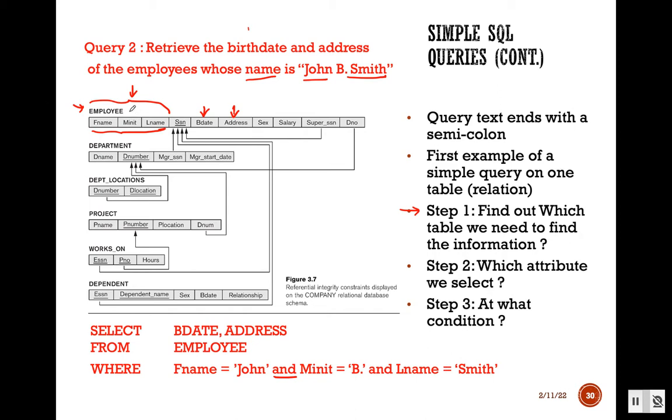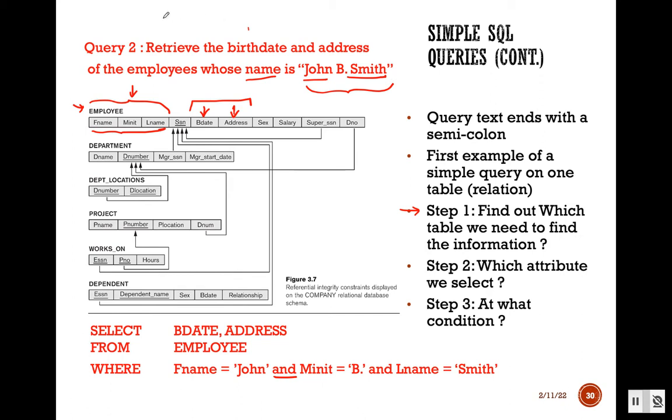The employee table. Which attributes do we select? Only the birth date and address. And what condition? The employee who has the name John B. Smith. Now you can see that the whole name is not in one attribute.